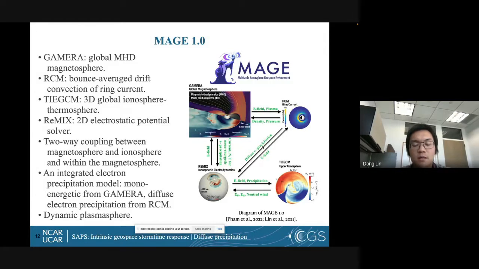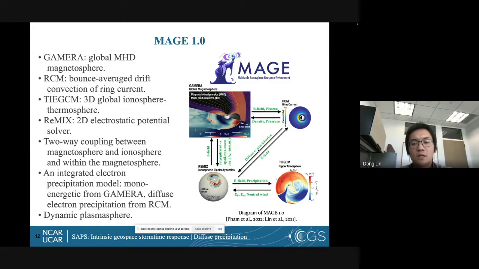This is physically determined by the generation mechanism. The monoenergetic precipitation is more determined by the large-scale voltage and current relation, while the diffuse precipitation is caused by wave-particle interactions, and thus requires a kinetic description.